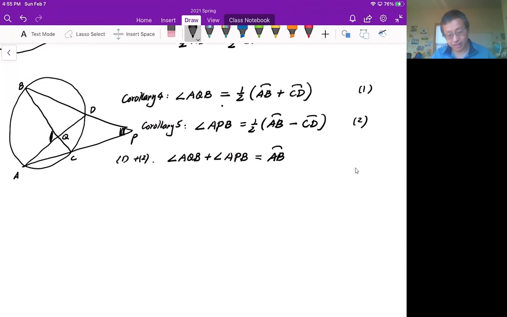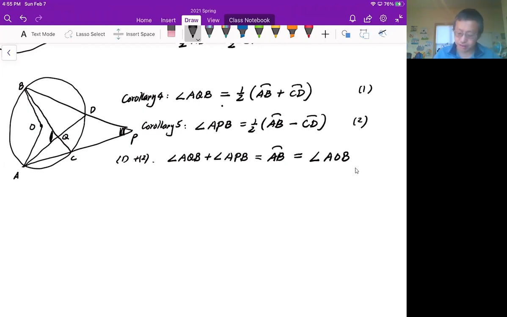But the cool thing is that the arc AB is just the angle AOB. That's the definition of the measure of the arc, right? So that means, suppose this is my circle here, I'm going to have AO and BO.